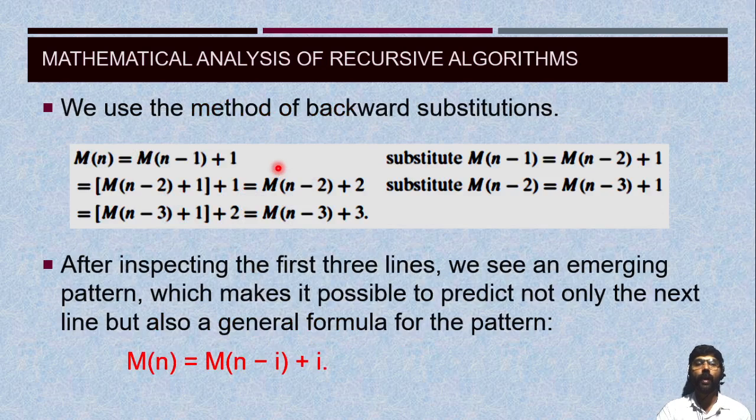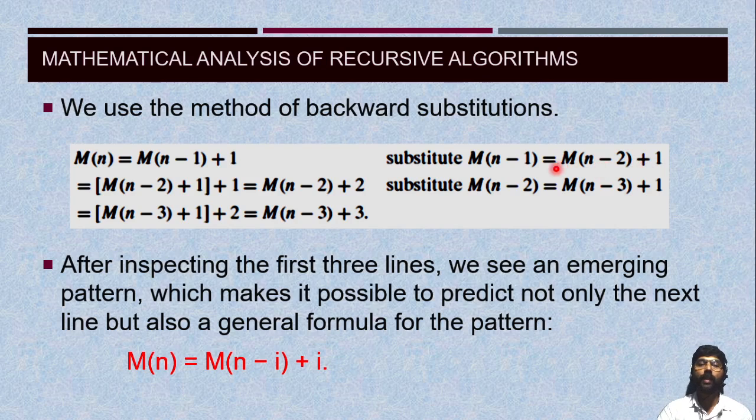When you simplify using backward substitution, m of n is m of n minus 1 plus 1. One more time, you substitute: m of n minus 1 is m of n minus 2 plus 1.